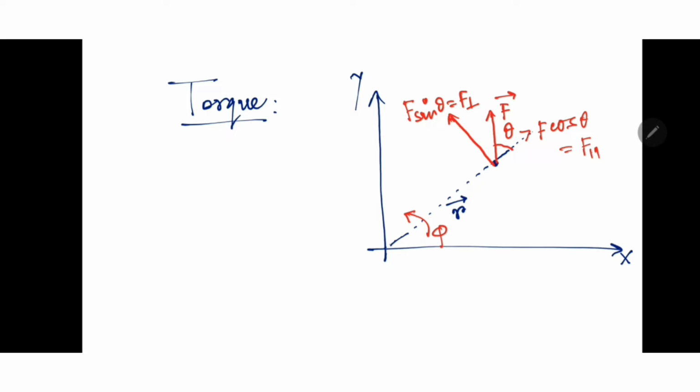Here the component F parallel, that is F cos theta, clearly cannot change the orientation, it changes the distance r. But the component F perpendicular clearly can change the orientation. Hence, we should try to maximize its value.